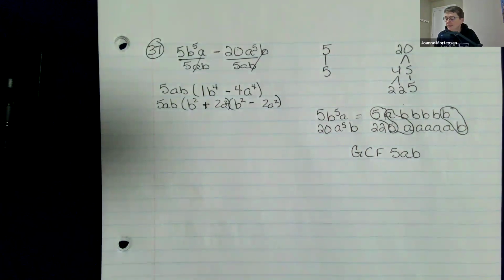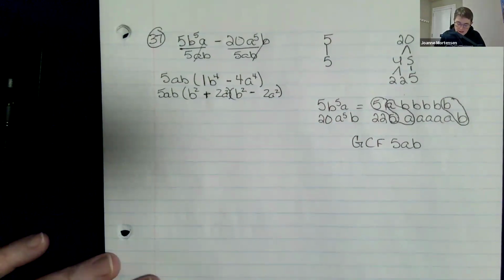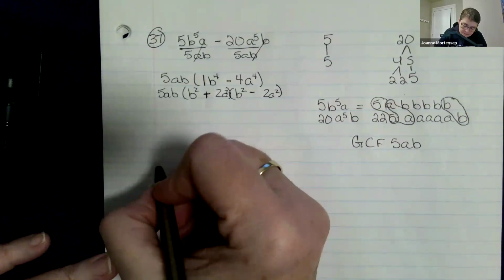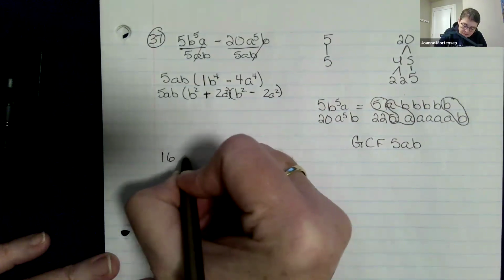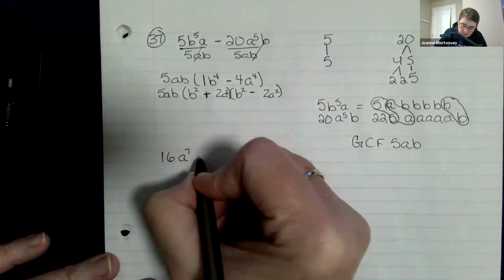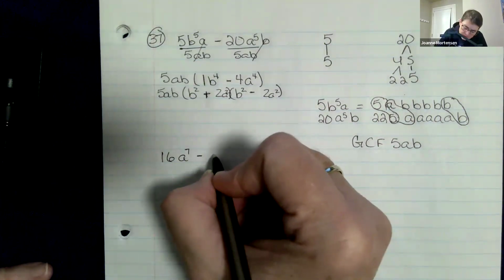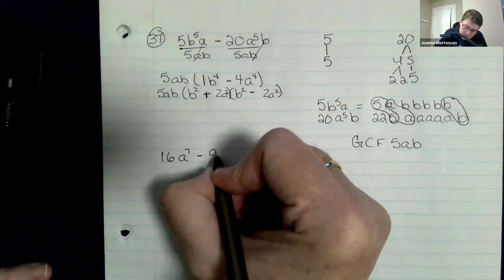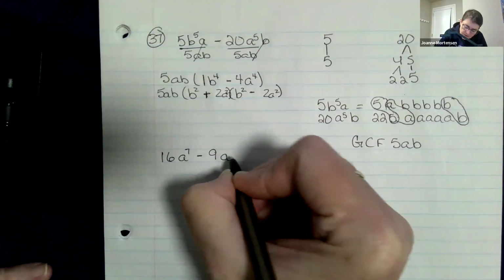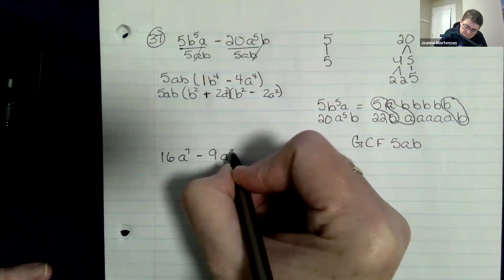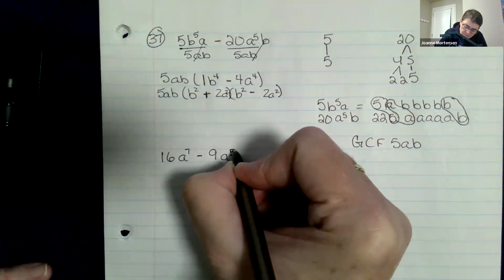Okay, I'm going to make up one. 16a^7 minus 9a^5.